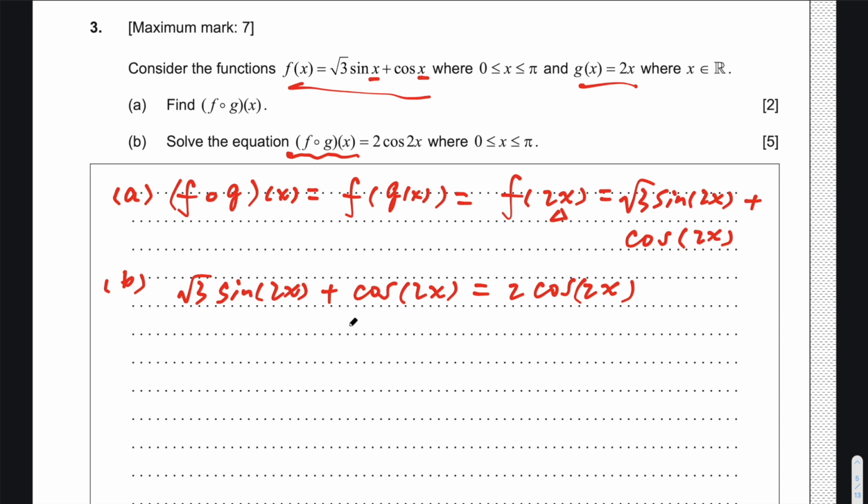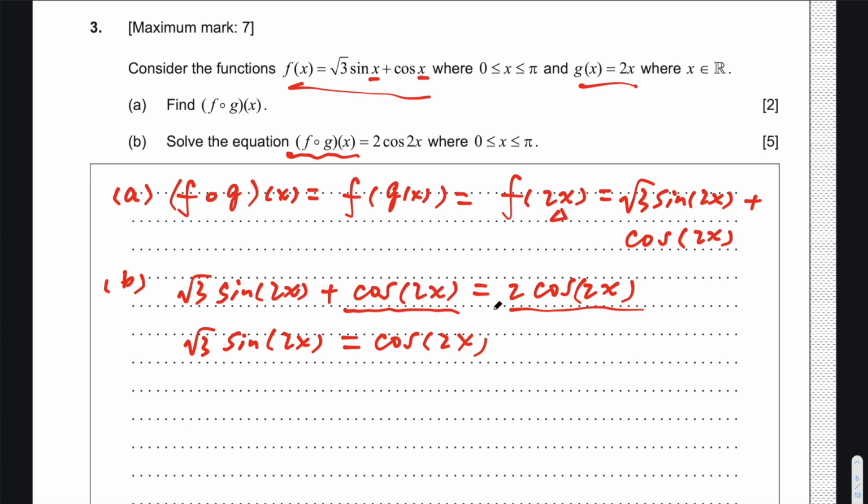First we can simplify a little bit. These two terms we can combine them. So we get root 3 sine 2x is equal to cos 2x, right?